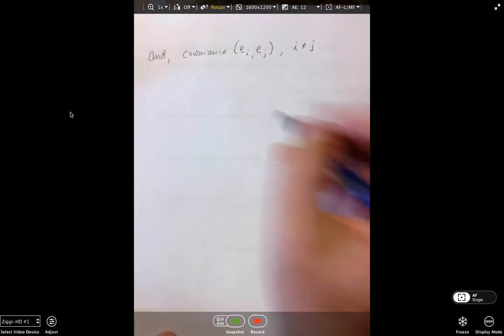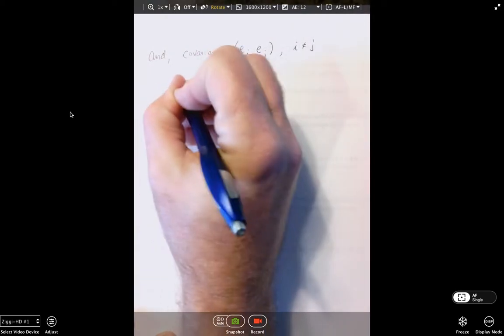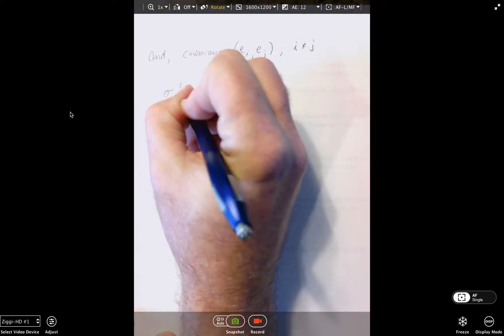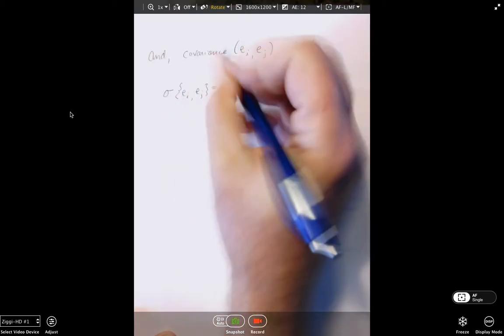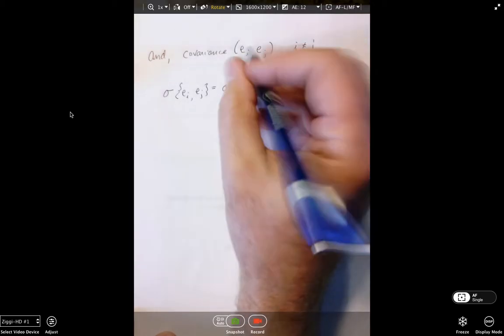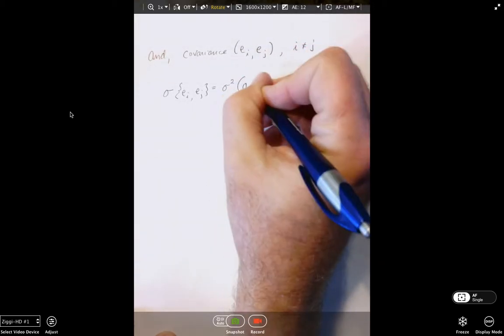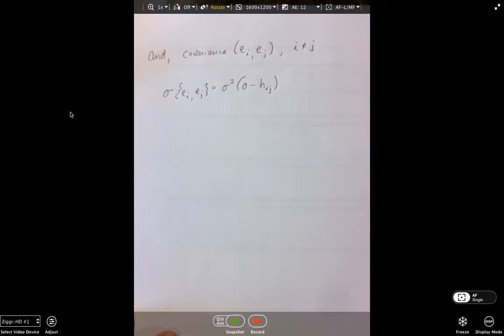Well, we can say that the covariance between e sub i and e sub j is equal to the common variance times the element of the matrix that corresponds to the ith row and the jth column, if you will.